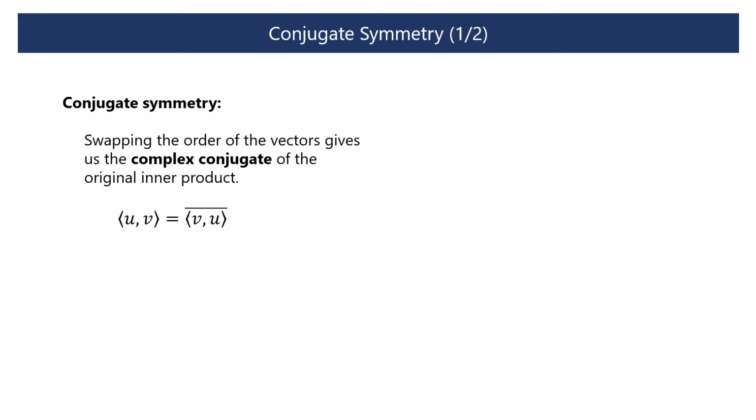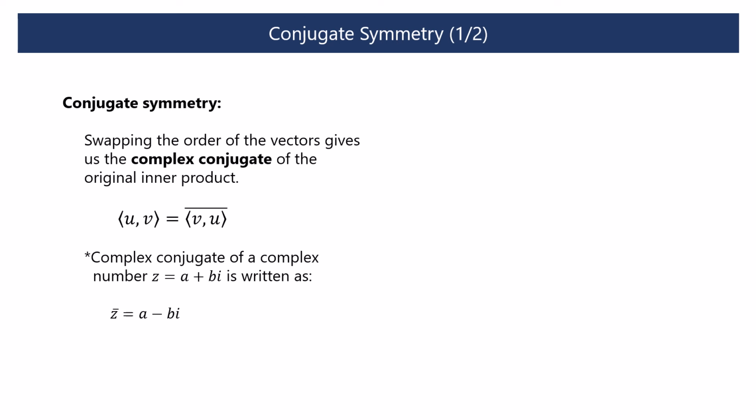Conjugate symmetry means that swapping the order of the vectors gives us the complex conjugate of the original inner product. The horizontal bar above the expression on the right-hand side denotes the complex conjugate. The complex conjugate of a complex number z equal a plus bi is written as z bar equals a minus bi.